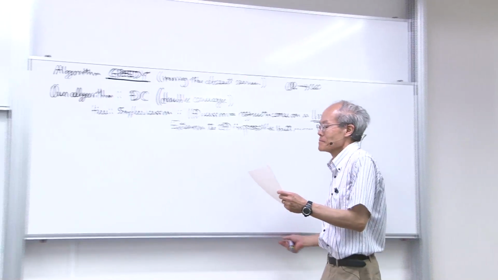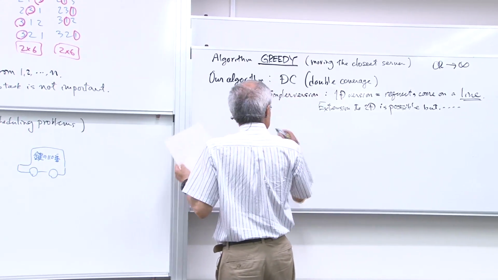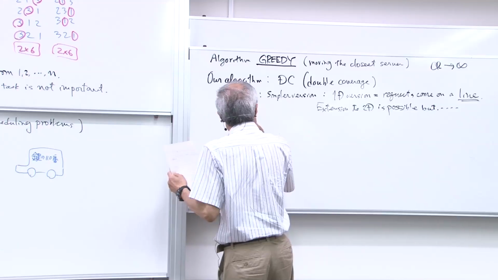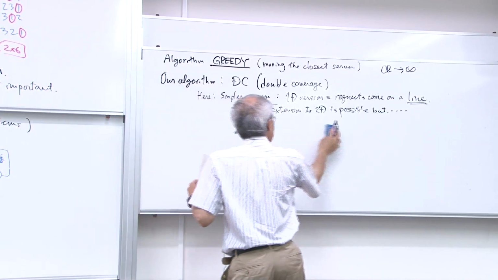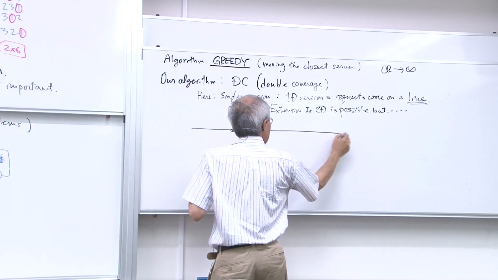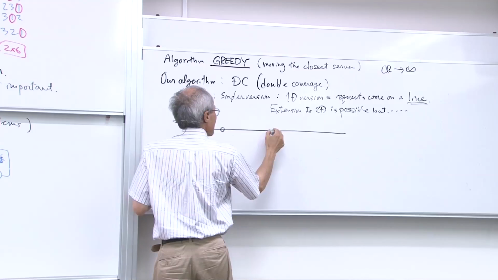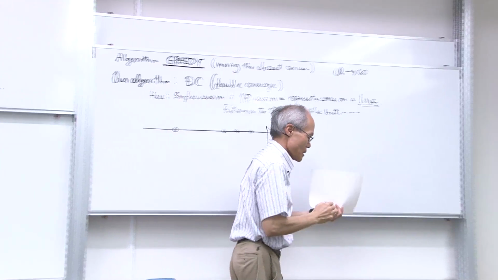Okay. So now, one-dimensional, we have a line, and servers are located like this.